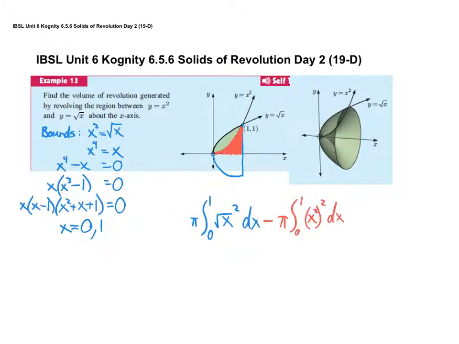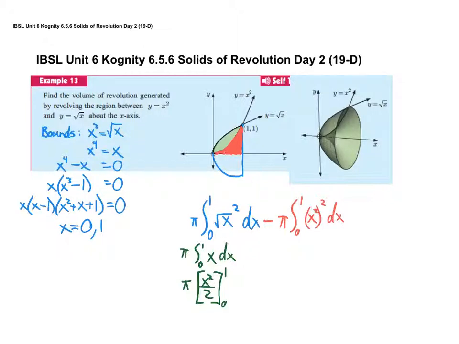So you'll notice I have pi times the integral from 0 to 1 of square root of x squared. So that's just x dx. So that's going to be pi times x squared over 2 evaluated from 0 to 1.